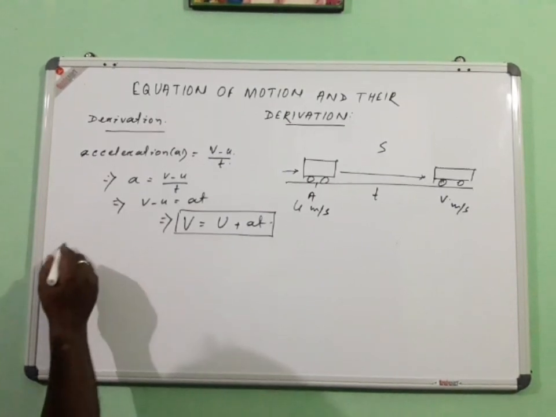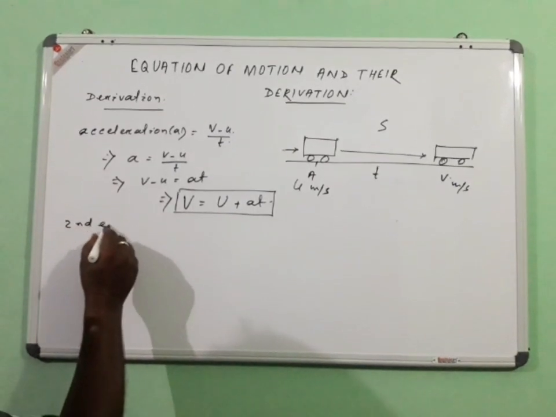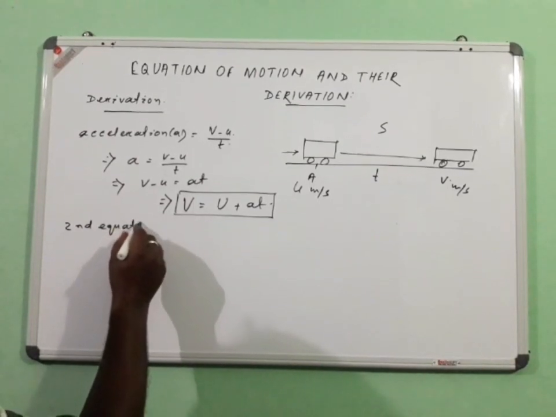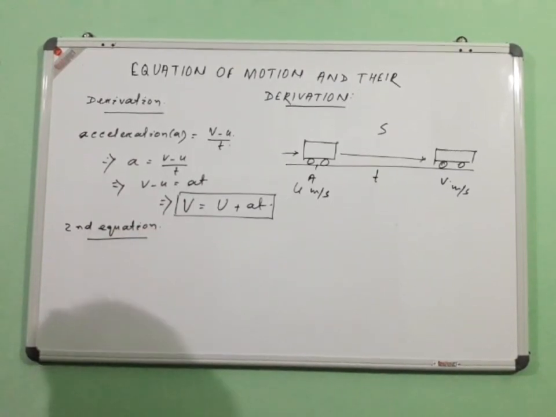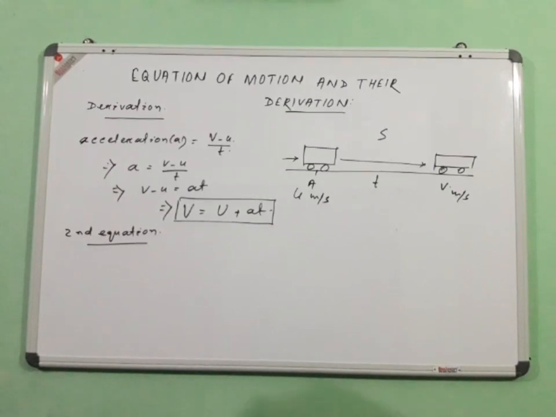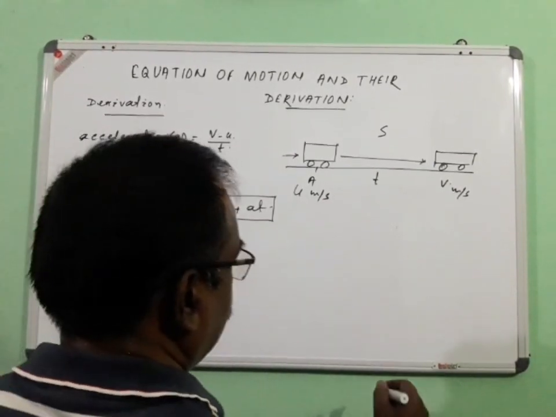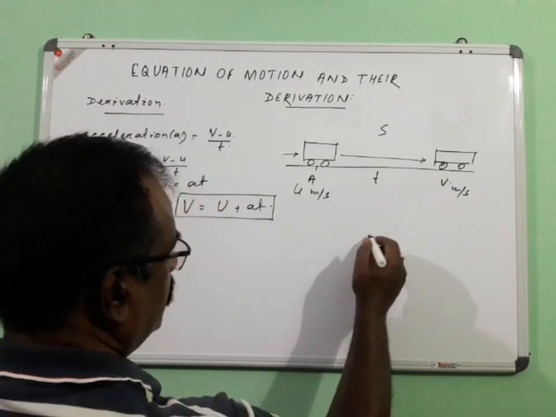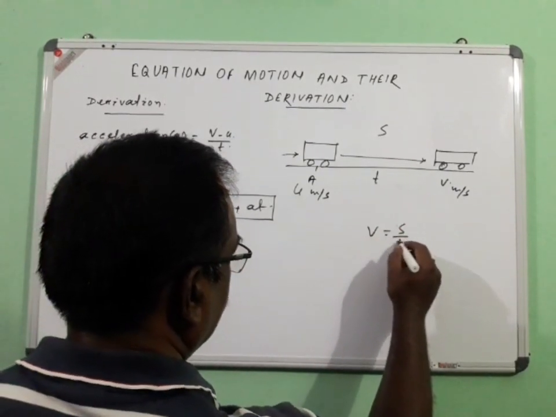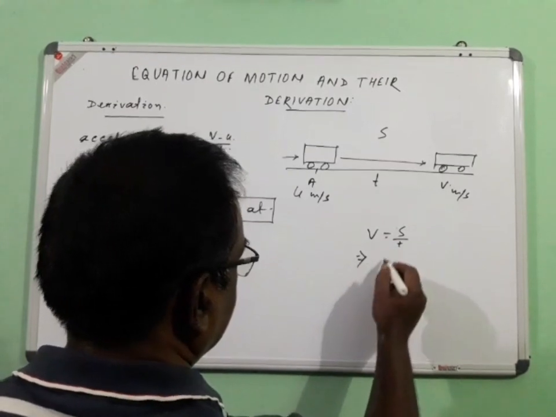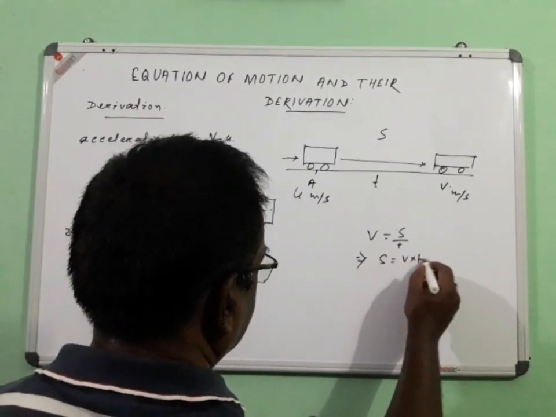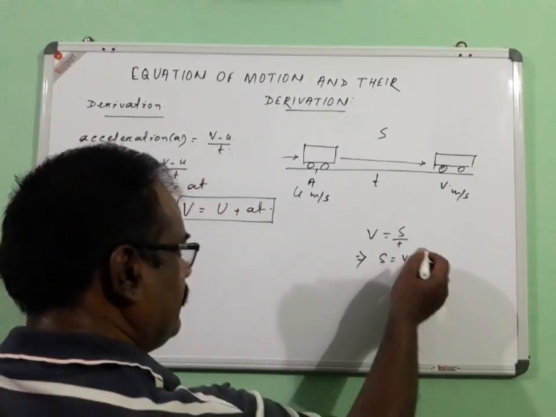Similarly, to derive the second equation: the displacement covered by the body, since we know that v = s/t, is s = v × t.